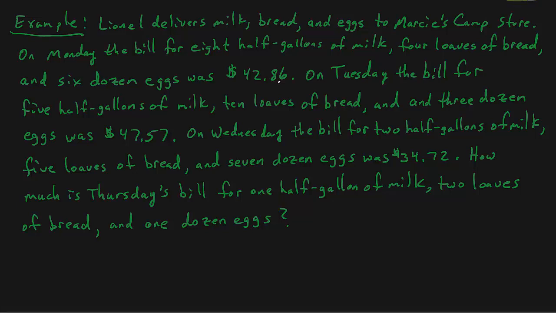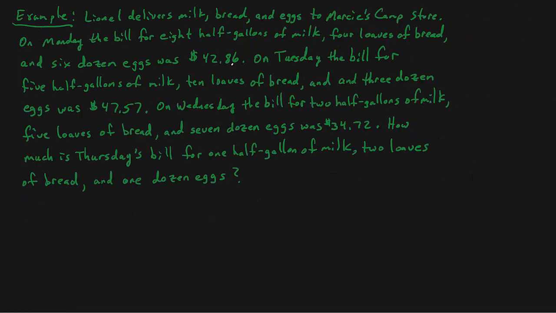All right, so let's look at this. I'm going to see if I can kind of shrink this up a little bit. All right, so I just made it a little smaller. So we're going to have to come up with variables x, y, and z. Okay. So x, in this case, is going to be the price of a half-gallon of milk.